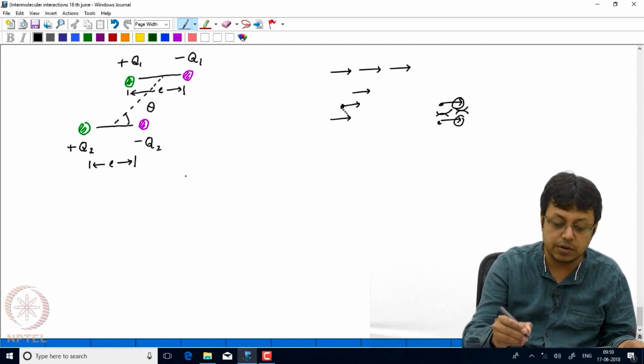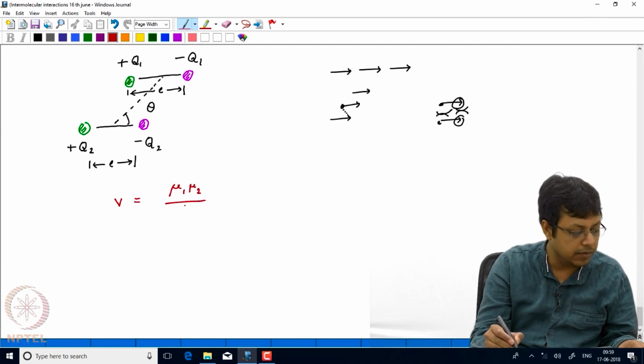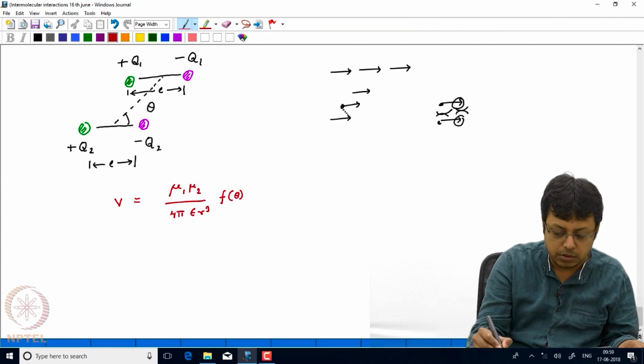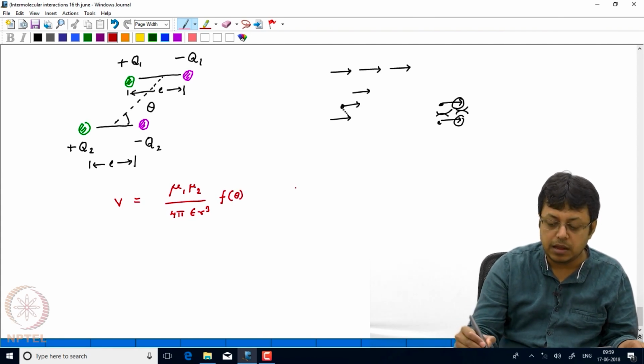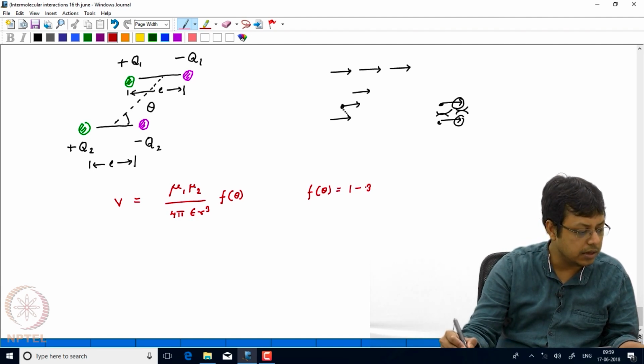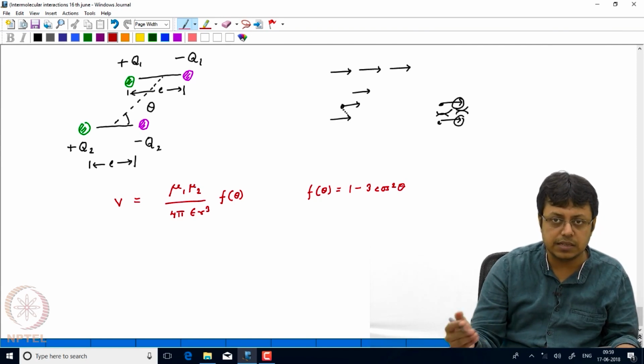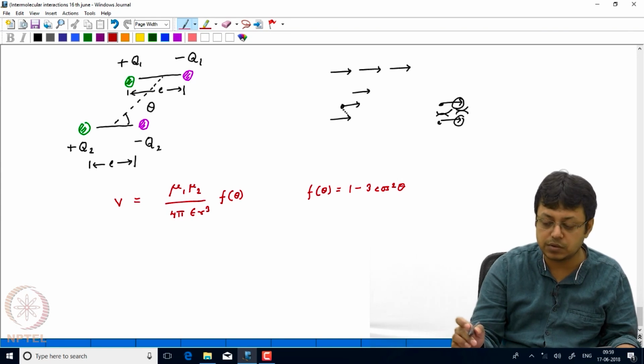So overall we can write the interaction potential as mu1 mu2 as before, divided by 4 pi epsilon r cube, and then we have a function which is dependent on theta. This functional form f of theta is 1 minus 3 cos square theta, and we can discuss the origin of this formula, how we get the 3 cos square theta.